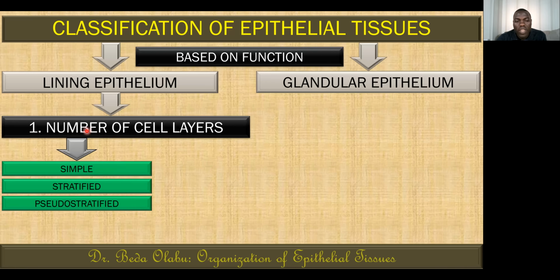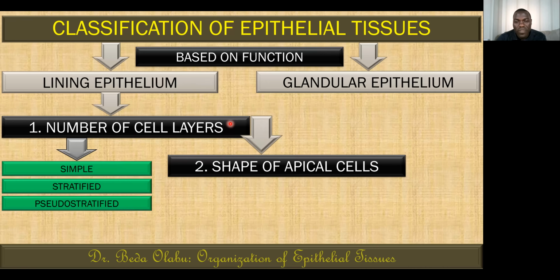After we've classified epithelium according to the number of cell layers, the second thing you do if you want to classify lining epithelium is to classify it according to the shape of the cells on the free surface, according to the shape of the apical cells. On this account, again, we have three possibilities.